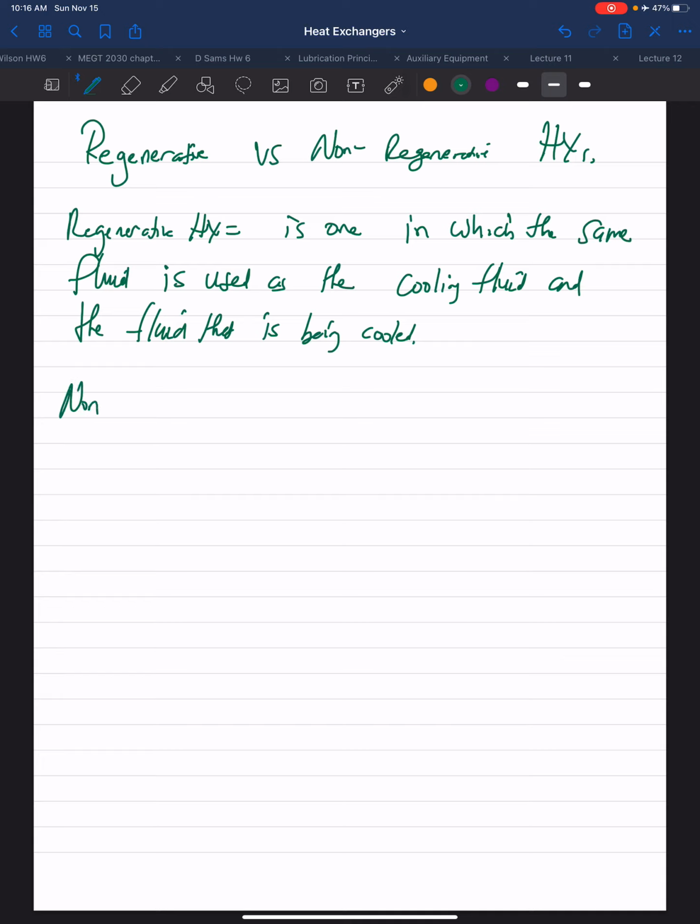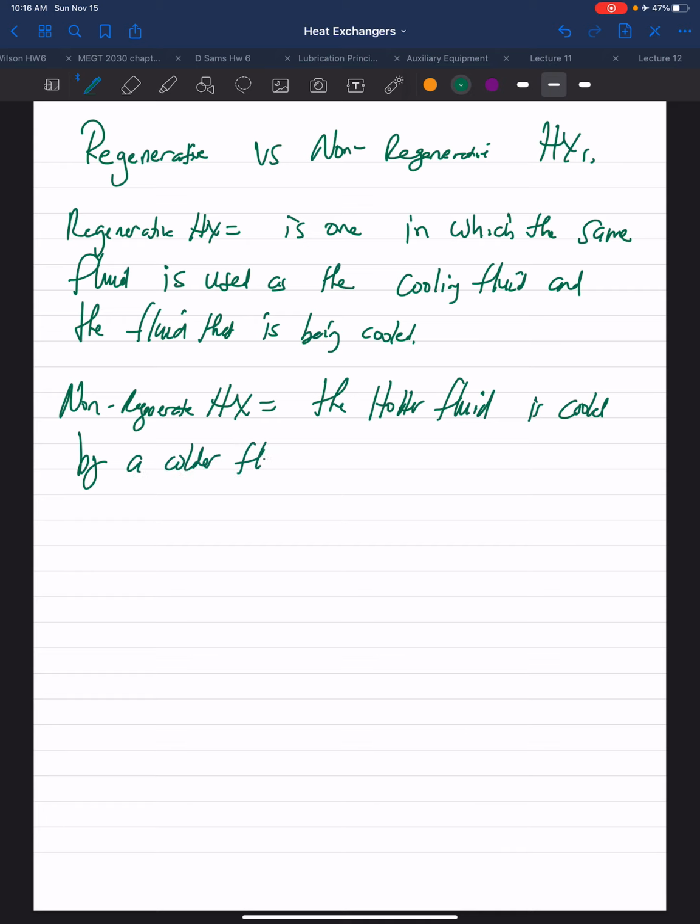And non-regenerative, the hot fluid or hotter fluid is cooled by a colder fluid which is supplied by another system.